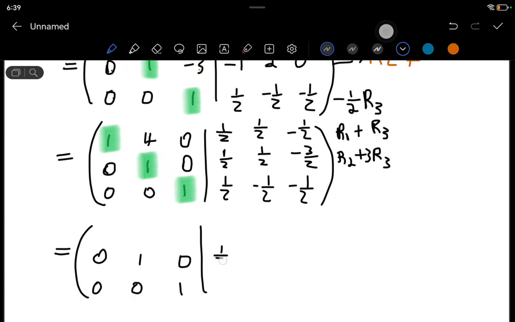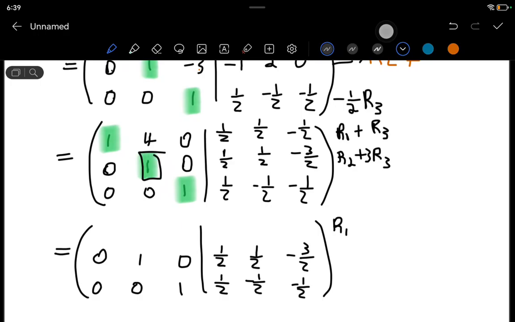This 1 over 2, 1 over 2, minus 3 over 2, 1 over 2, minus 1 over 2. And now we need to change this 4 to a 0, right? Here we're in row 1, and the only row we can use to change that 4 to a 0 is row 2, the one with the closest leading one for that column.